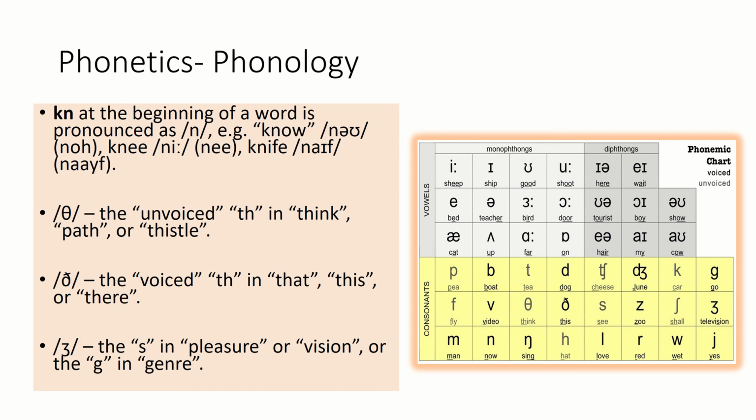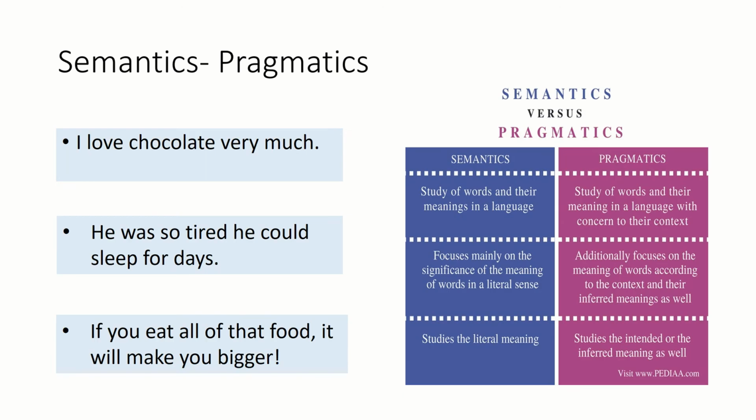In the third example, pleasure, vision, or genre, when we see this symbol as a consonant, we have to read pleasure, vision, and genre. Now I am going to look at semantics and pragmatics.